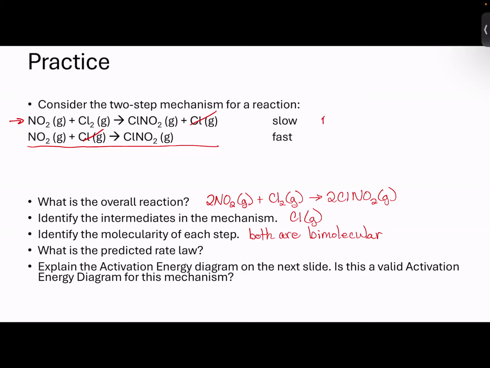Therefore, the rate law for the rate determining step is rate is equal to K times NO2 raised to the power of 1 times Cl2 raised to the power of 1. And that would be the predicted rate law. Questions about those 4?